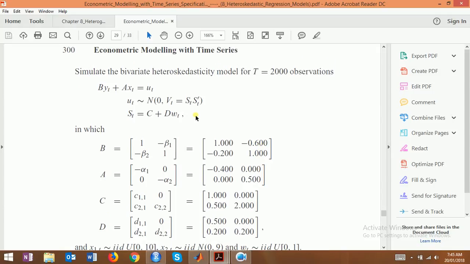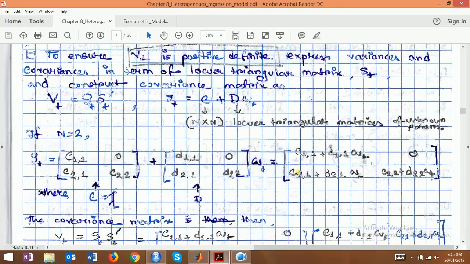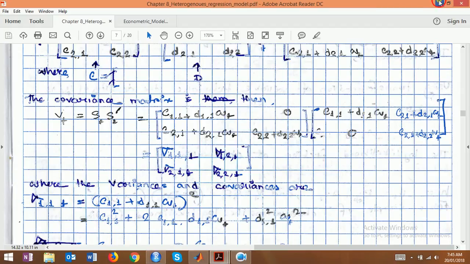The problem gives us a reduced form equation with zero mean and obviously variance covariance matrix, structural variance covariance matrix, and the gamma, instead of gamma we represented S, which is C dWt. Well, this is just the exact replication of what we have studied here before, right?